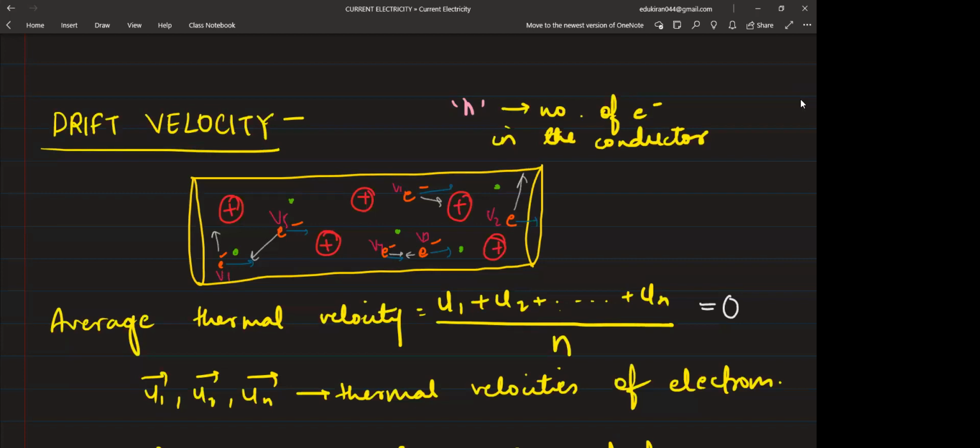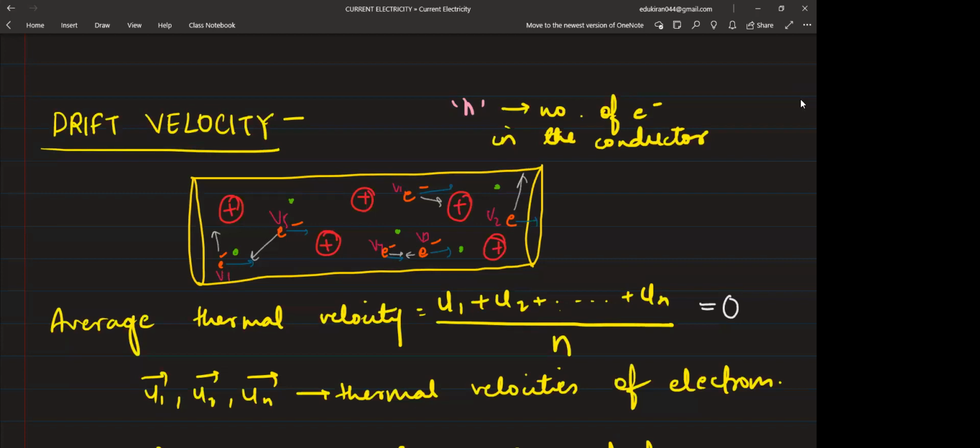Okay. See, what is meant by drift velocity? Let me tell you. Basically, when you see a section of a wire, within that wire, positive ions are also present, electrons are also moving, the charges are also moving, and these electrons are moving in a random order. So what happens here is, as soon as the switch is on, the electrons tend to drift towards the, can you tell me which terminal?